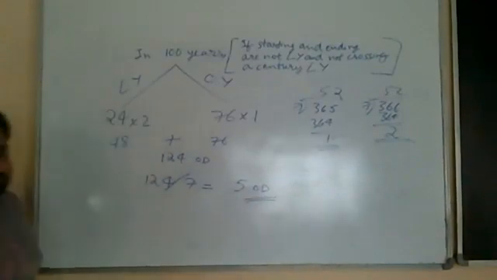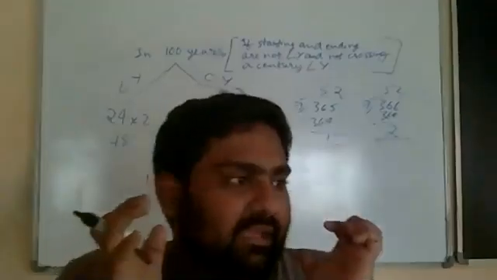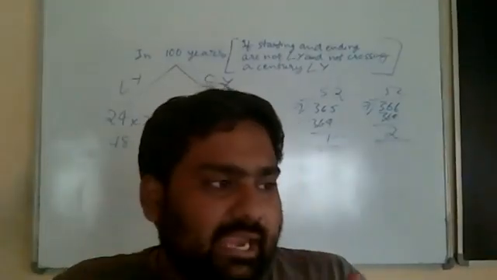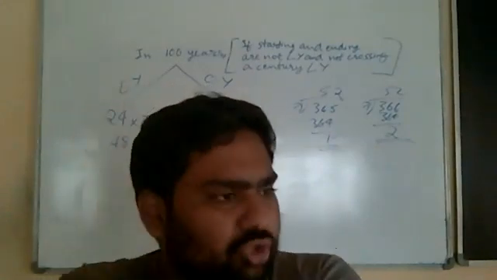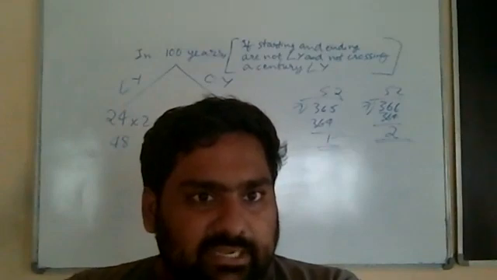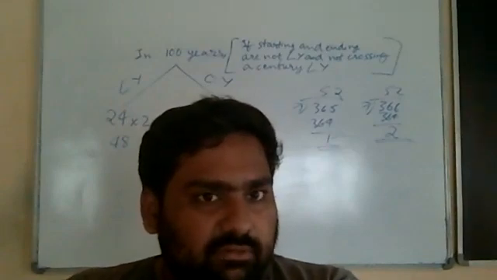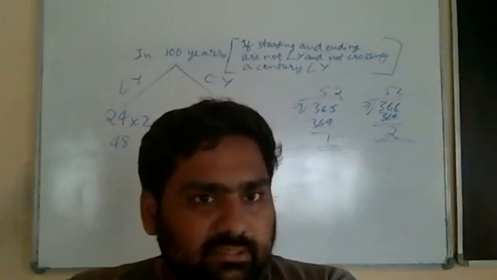If I have 124 days in my hand and divide by 7, I can create 17 weeks and I will remain with 5 days. 7 into 17 is 119. Remainder is 5. Correct? Do you get this?